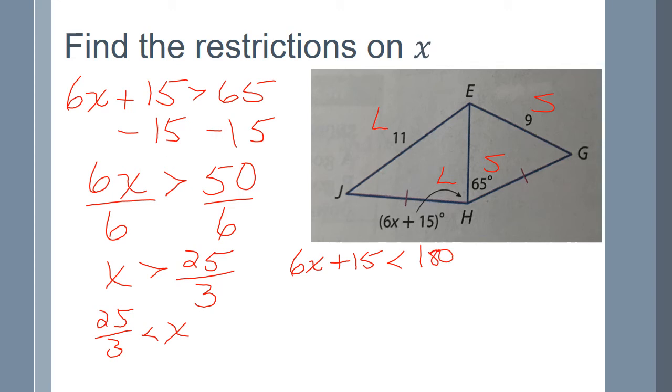So 6x, subtract 15 from each side. I get 6x is less than 165.